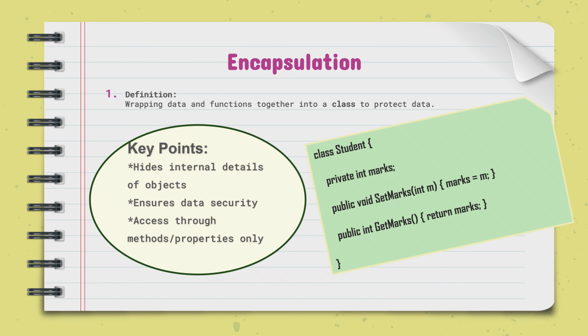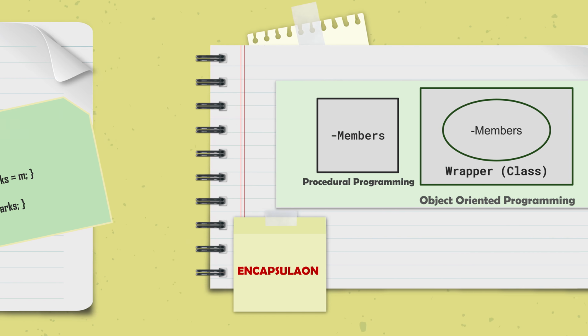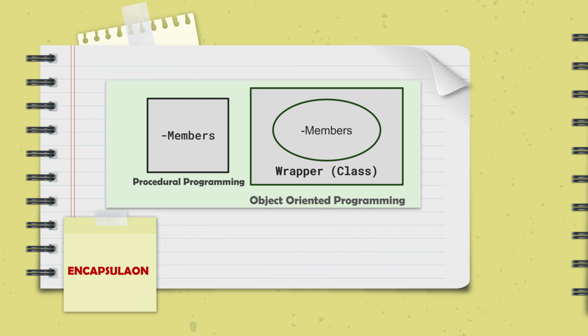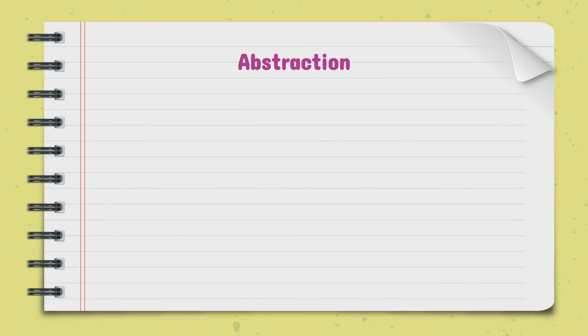It can only be accessed through public methods. This hides sensitive data and protects it from accidental misuse. Real world analogy: your smartphone hides complex hardware behind a simple touchscreen interface. That is encapsulation.